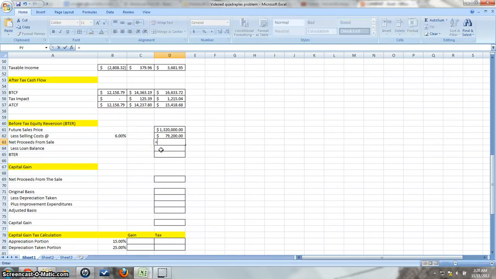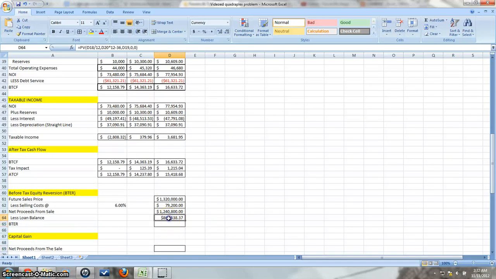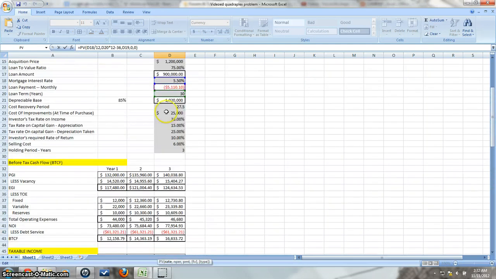Net proceeds from sale equals future sales price minus selling costs and less loan balance. Alright, now you see the loan balance is done here. I'll walk you through the steps. You find the loan balance by using the present value equals PV parenthesis D18, which is your loan.